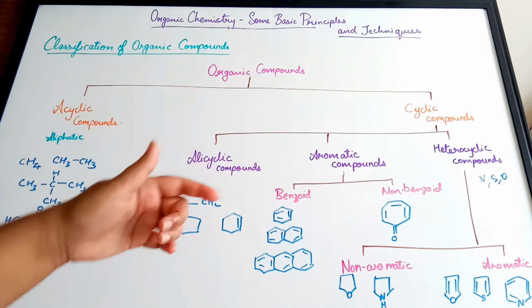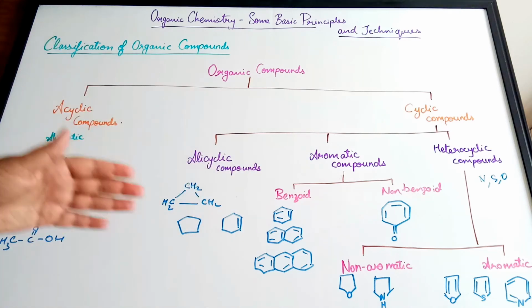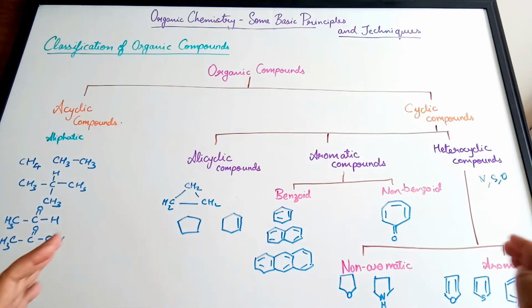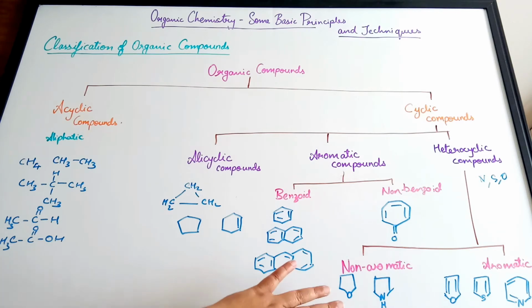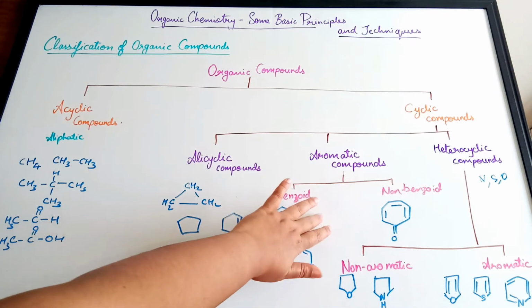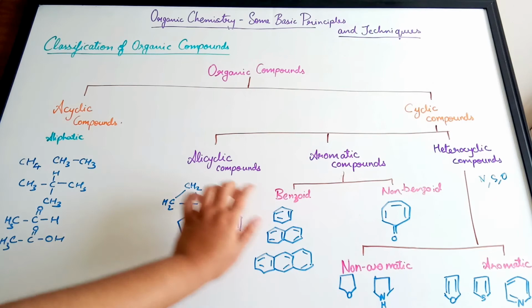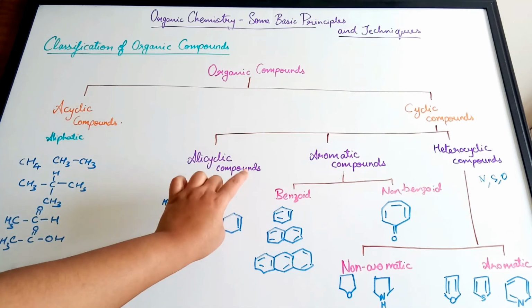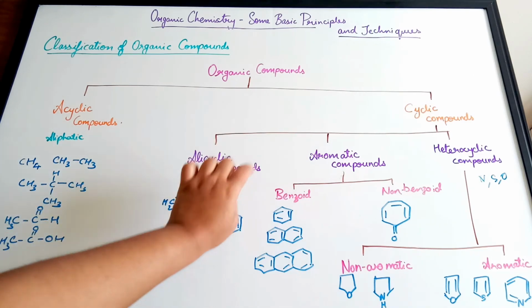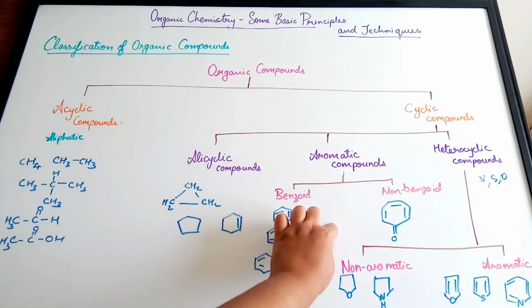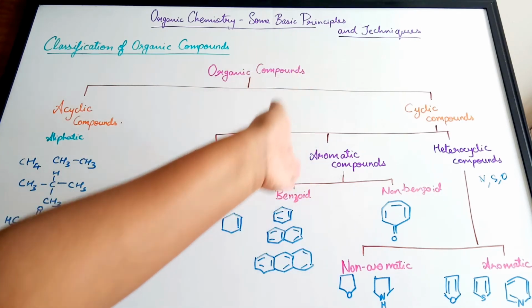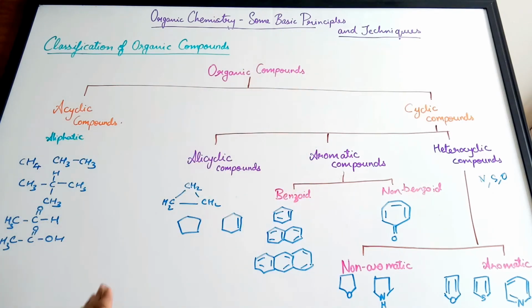Cyclic compounds are further classified into alicyclic, aromatic, and heterocyclic. Actually, heterocyclic can come under alicyclic as well as aromatic. For example, non-aromatic heterocyclic compounds can be classified under alicyclic, and aromatic heterocyclic compounds under aromatic compounds. But to make things easy, I just put it down as a separate side heading.